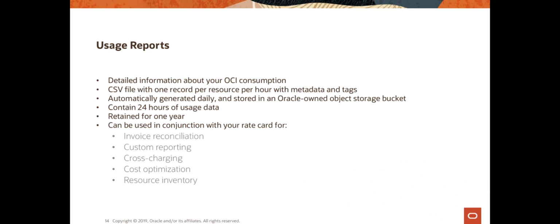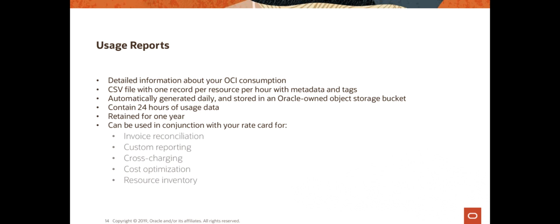A usage report in OCI is a CSV file, a comma separated value file, and you can use this file to get a detailed breakdown of resources in OCI. The usage report is automatically generated daily, and it is stored in an Oracle owned object storage bucket. Each CSV file contains one row per each OCI resource.